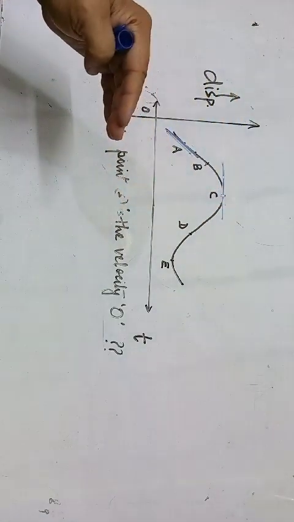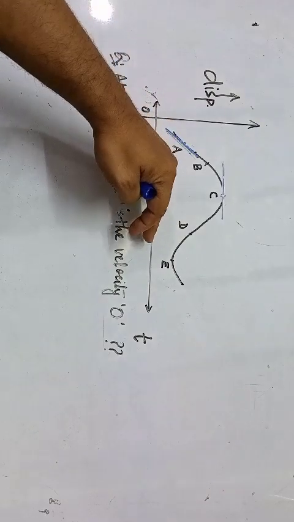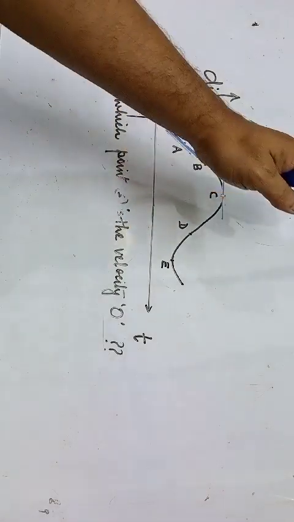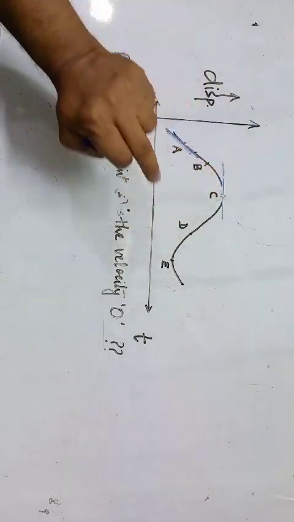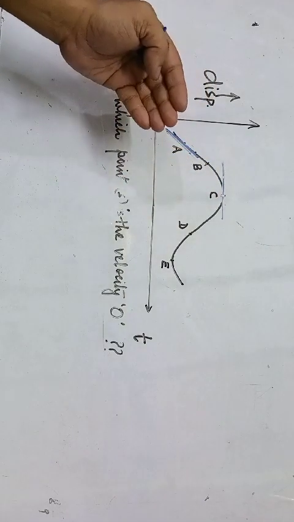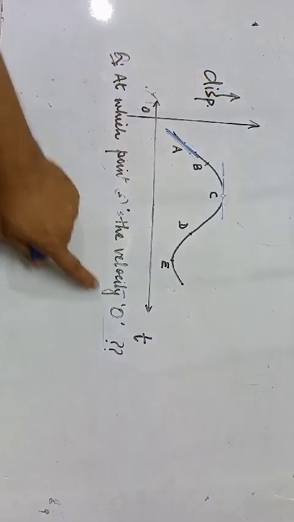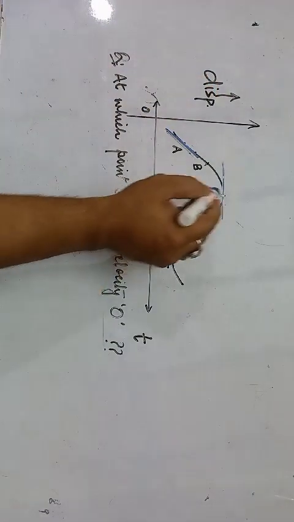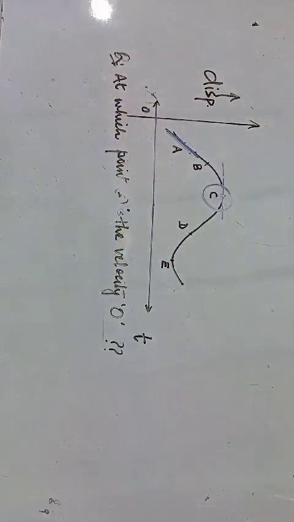So that essentially means that although time is increasing, the curve is neither going up nor coming down at this point. Therefore displacement is not changing. And when displacement is not changing, that means the body is not moving. Therefore the velocity is zero. So this is one point where velocity is zero.